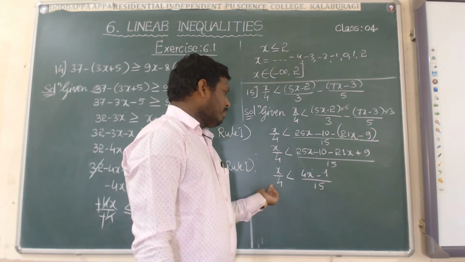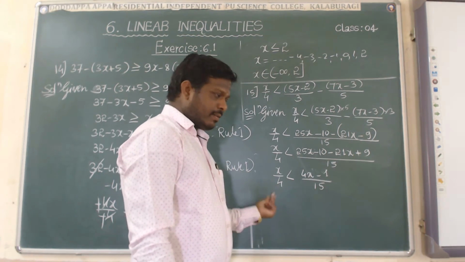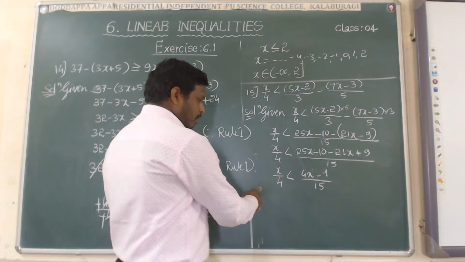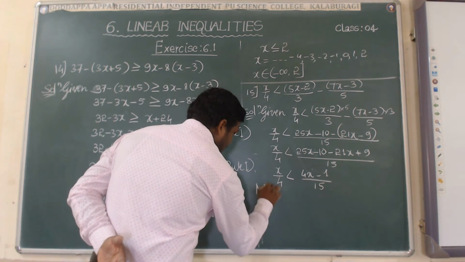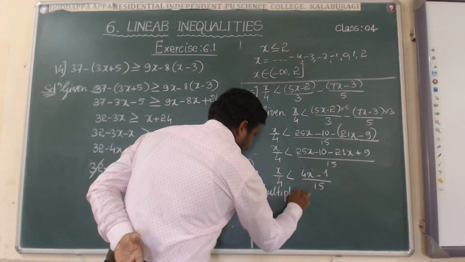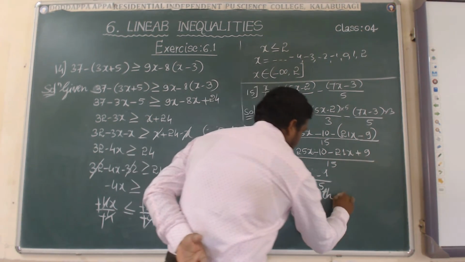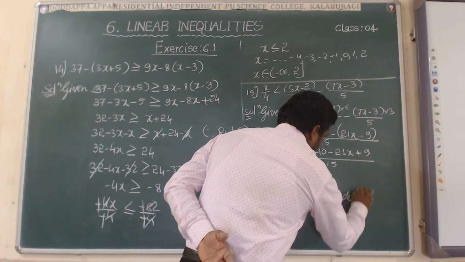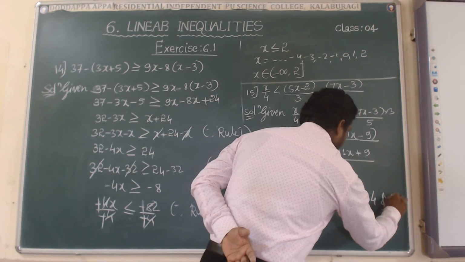We have to multiply both sides by 4 and 15. If you want me to write that, it is better to write, then you can understand very easily. Multiply on both sides by 4 and 15.